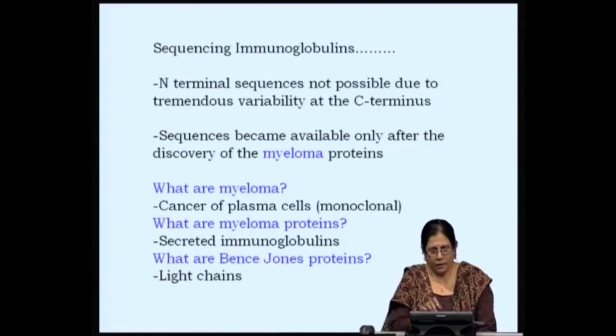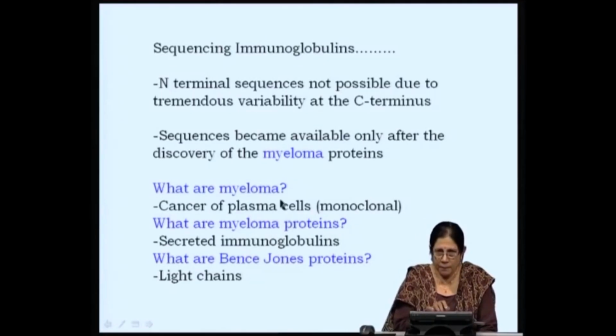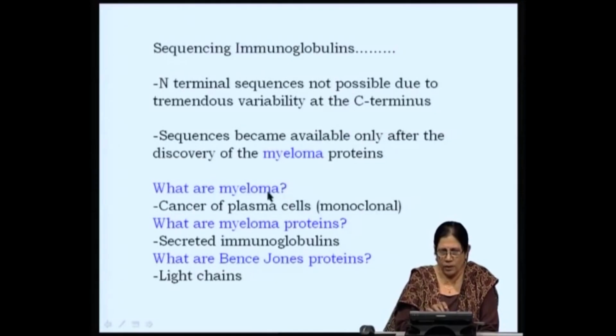Now, if a plasma cell, remember, the cell that secretes antibodies, becomes immortal or becomes cancerous, then this cell and the progeny of this cell would make antibodies of only one class, only one type, and those proteins were known as myeloma proteins.